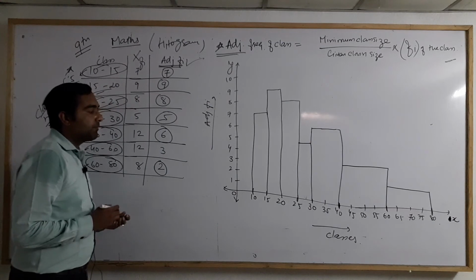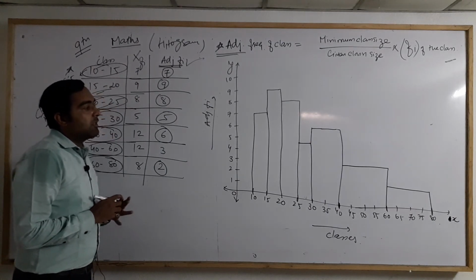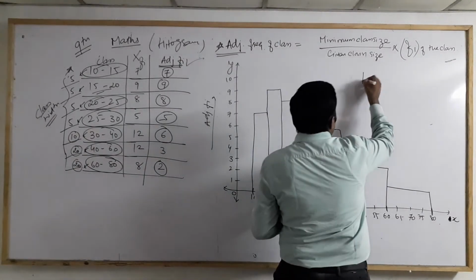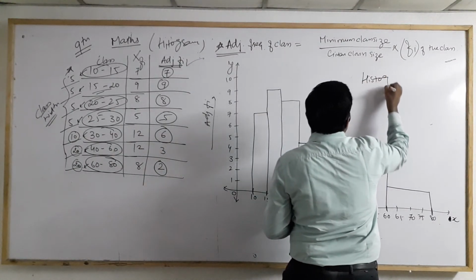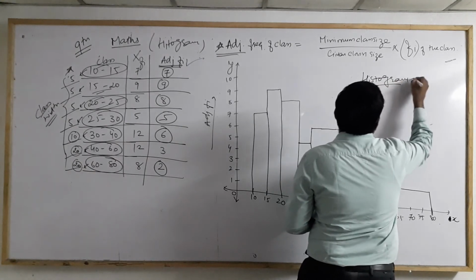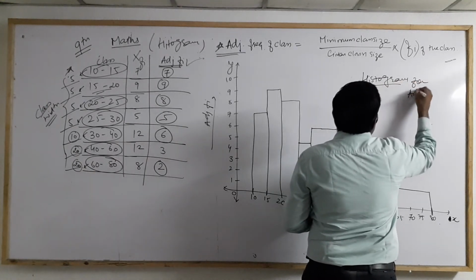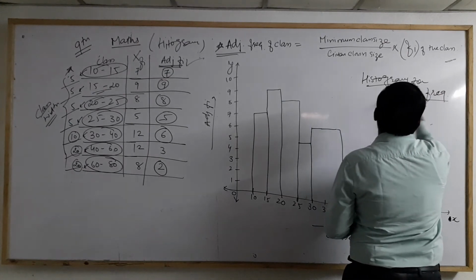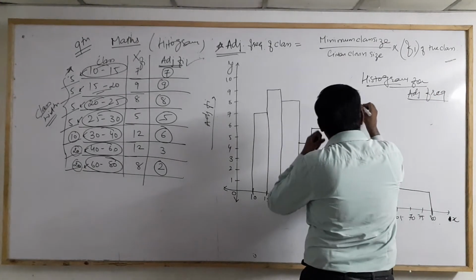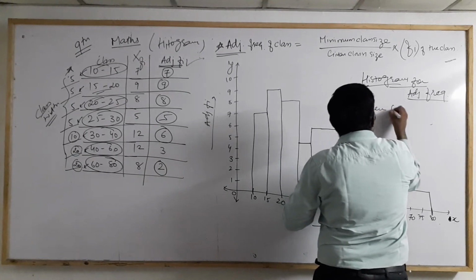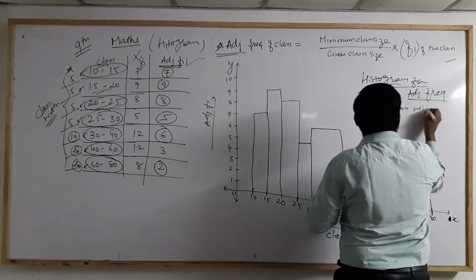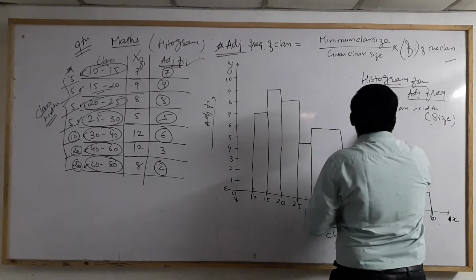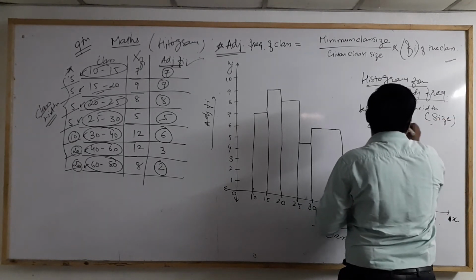Okay, clear students? This is my histogram for adjustable frequency. We draw this adjustable frequency when class width or class size are different.